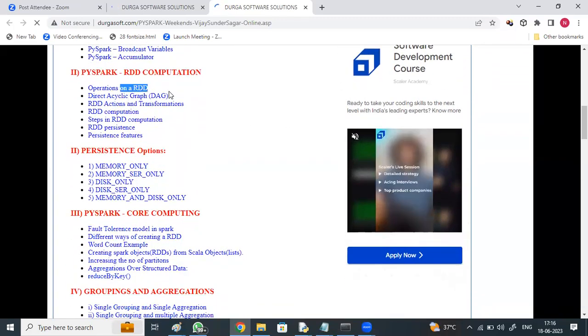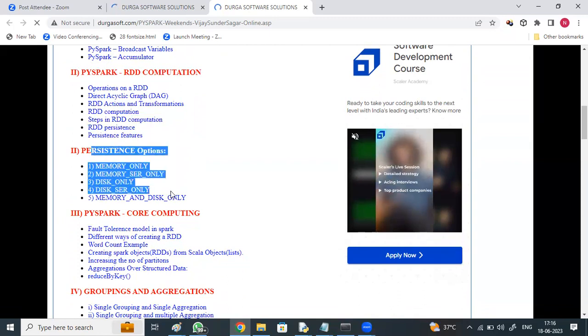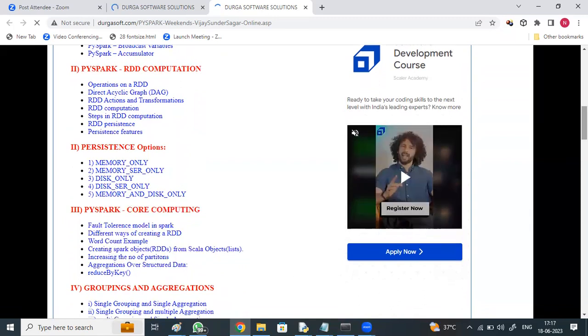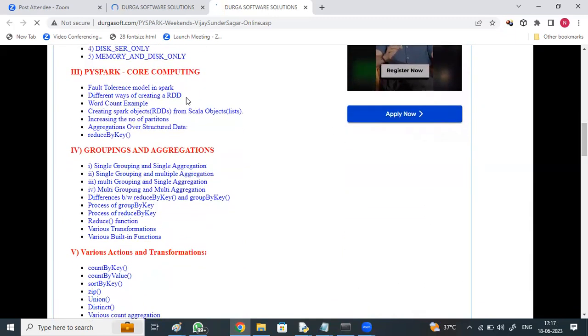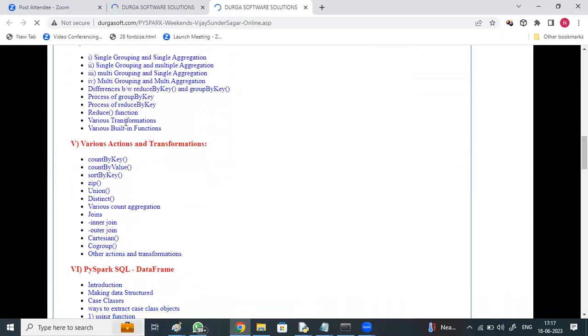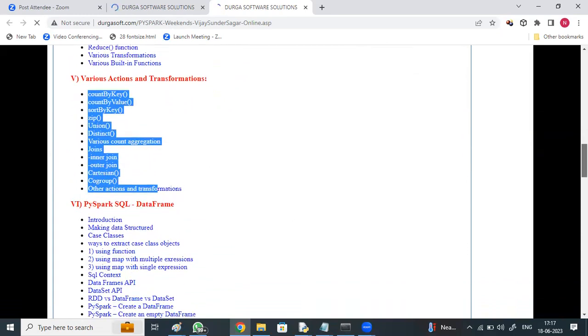Resilient distributed Spark data objects are called RDDs. RDD actions, inbuilt actions, transformations, RDD persistence, different persistence options, PySpark core computations, fault tolerance model, different ways of creating RDDs, increasing the number of parallel processing partitions, various groupings and aggregations, group by key, reduce by key, various transformations and inbuilt actions.